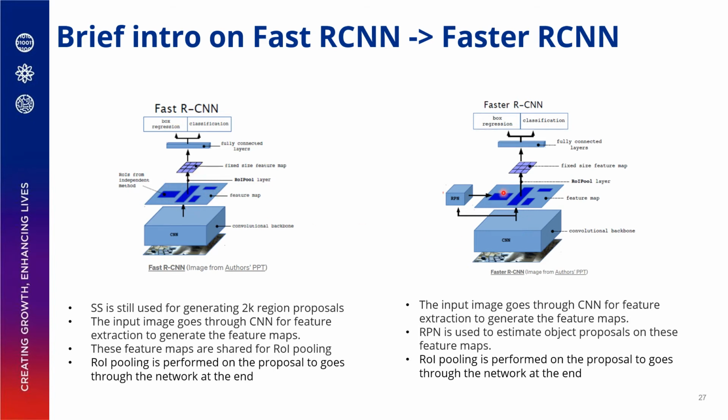So the region proposal network also became trainable now. The input image again goes through the CNN for feature extraction to generate your feature maps. Now the region proposal network, this RPN, is used to estimate the object proposals on these feature maps itself. And then, similar to Fast RCNN, ROI pooling is performed on the proposals that go through the network at the end. This part is exactly the same, except that now you have this extra region proposal network.